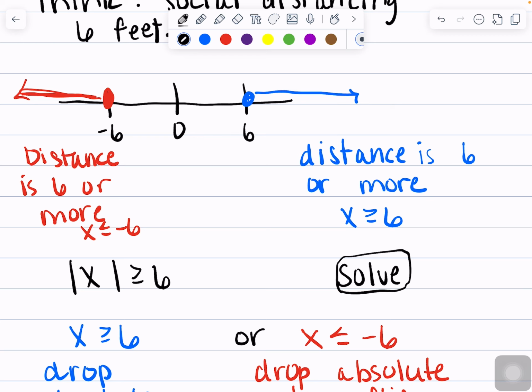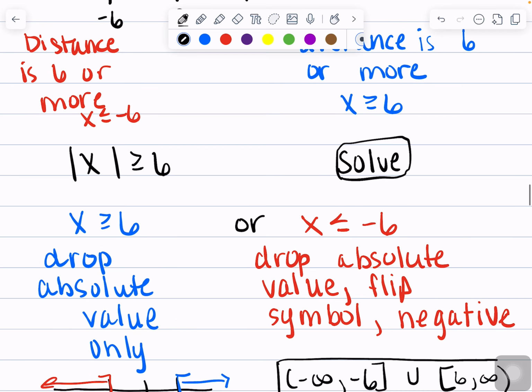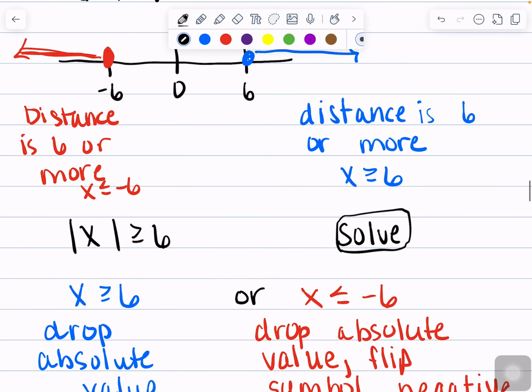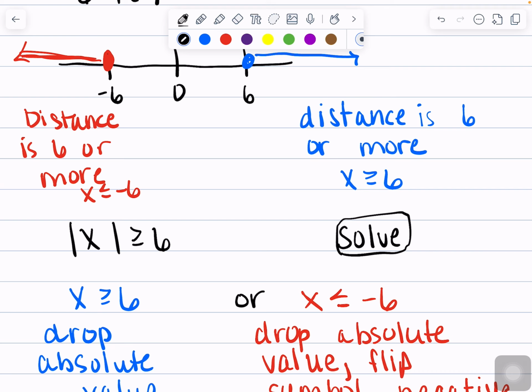So that's why we're going to the left and the right, to be further away from 0. The blue section is x is greater than or equal to 6. The red section is x is less than or equal to negative 6.